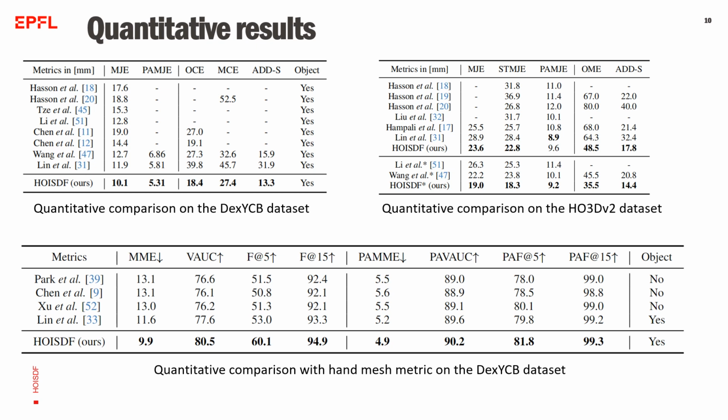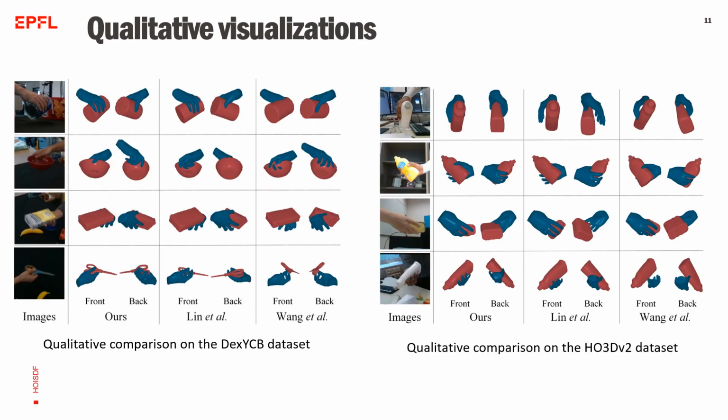We achieve state-of-the-art results on the DEX YCB and HO3DV2 datasets for pose metrics and mesh metrics, outperforming the existing methods by a good margin. Qualitative comparisons with the existing state-of-the-art methods on the DEX YCB and HO3DV2 datasets show that HOISDF effectively uses robust global clues near the hand and object to deal well with various objects and severe occlusions.